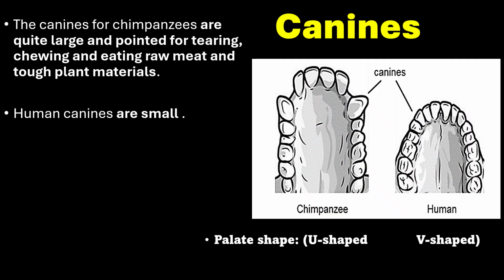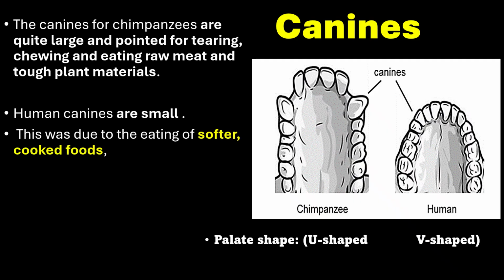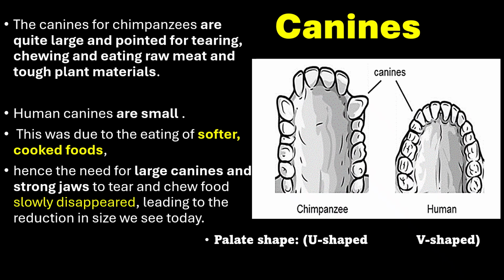Human canines are way smaller, they are very small, and the reason is because of eating soft or softer cooked foods. Hence, the need for larger canines and strong jaws to tear and chew food slowly disappeared, leading to the reduction in size we see today.